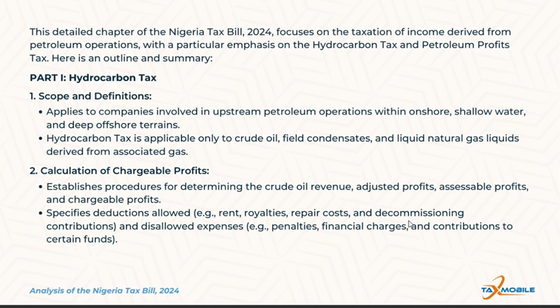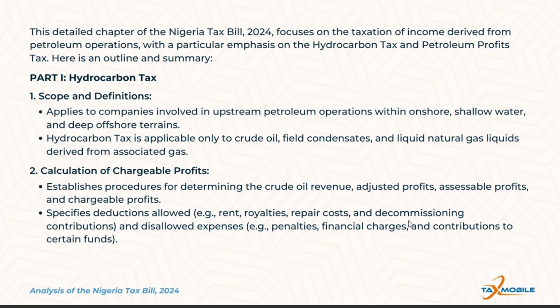and development. Now, calculation of chargeable profit under hydrocarbon tax. The bill provides a detailed procedure for calculating profits subject to hydrocarbon tax, and the steps include revenue determination. Revenue includes sales proceeds from crude oil and related products. Now, adjusted profits. Adjusted profits are calculated by subtracting allowable deductions from total revenue.